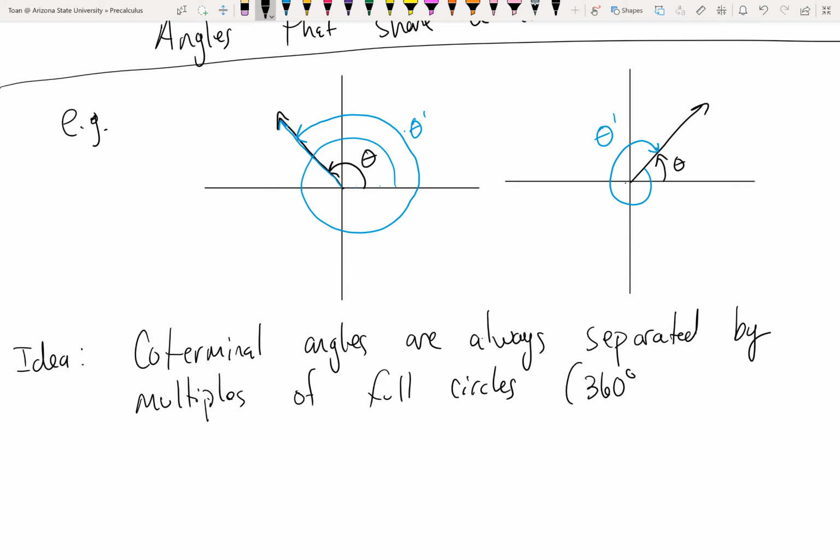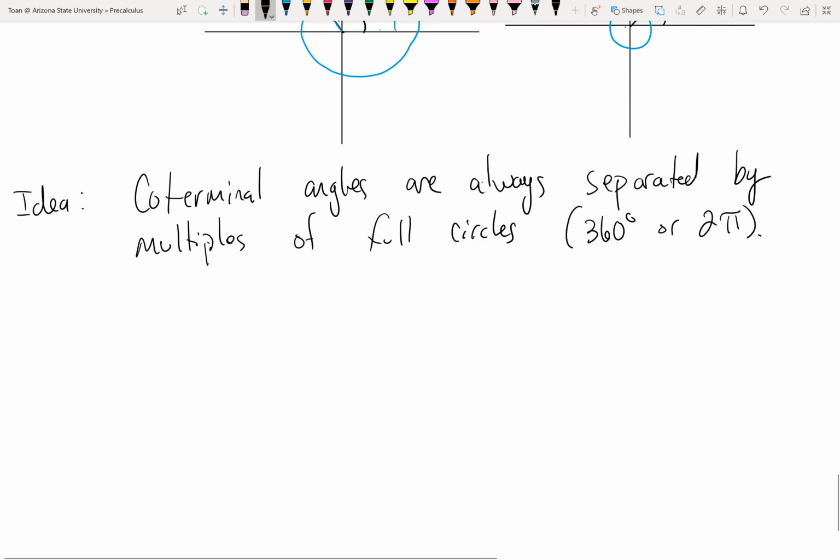Now remember the two systems that we're in, 360 degrees for a full circle or 2 pi radians. So what does that mean? Well, that means if I want to find coterminal angles, all you have to do is just keep adding or subtracting 360 degrees or 2 pi radians.